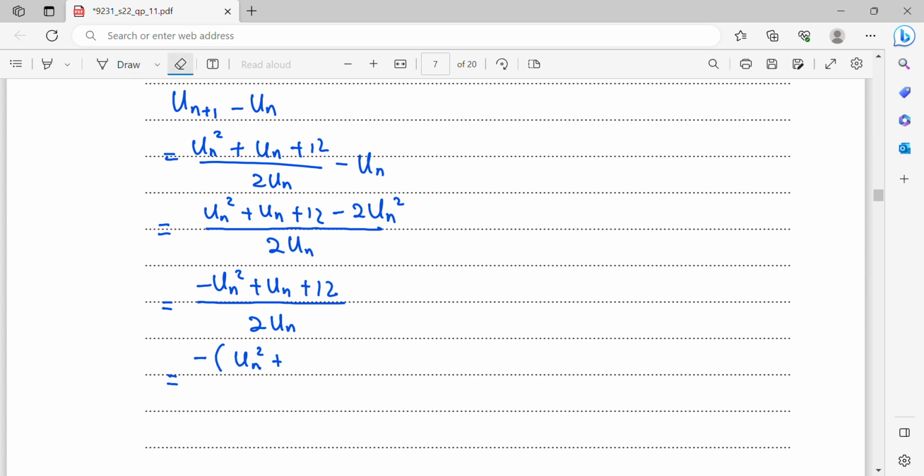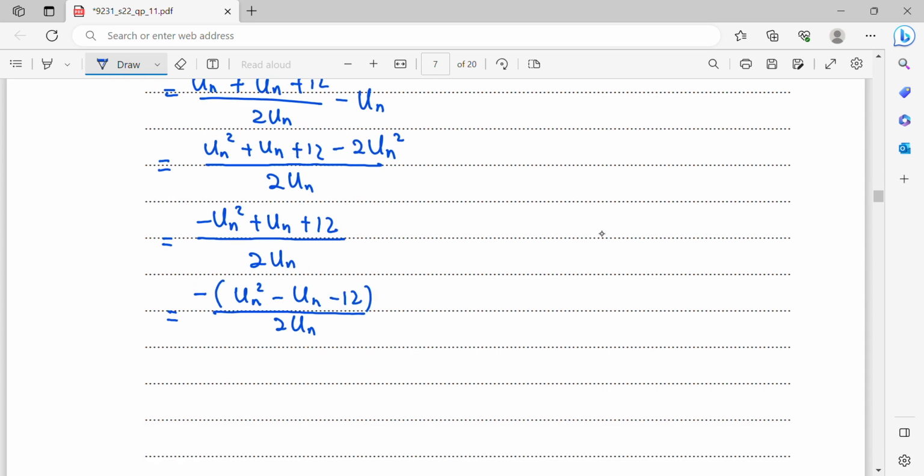So once you factorize the negative, remember you are dividing all the terms by negative. So I should get negative un squared minus un minus 12 over 2un. And now I can easily factorize this quadratic function.